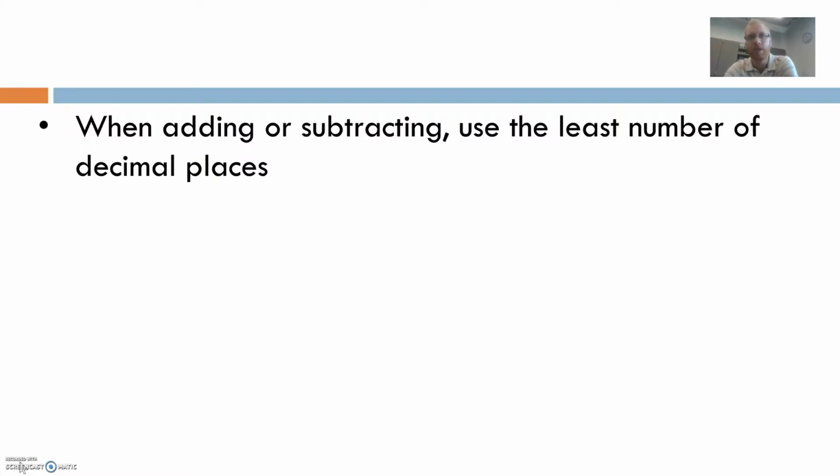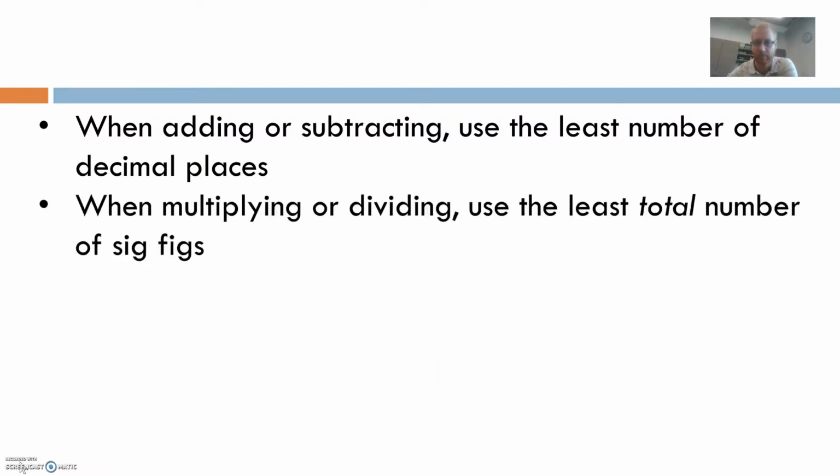You're going to round it to whatever place is the last known place, which remember is your last significant digit. So, for instance, the other rule is when multiplying or dividing, you're going to use the least total number of significant figures.